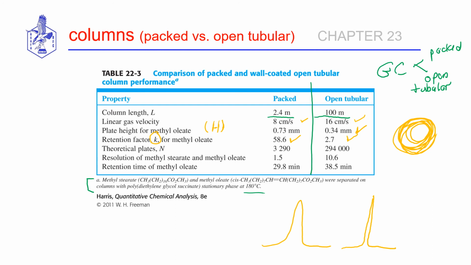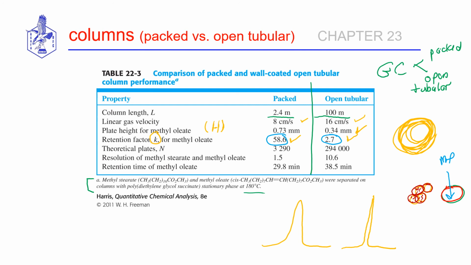Once again, if you have packed particles and they're porous, and we have stationary phase on the surface and down in the pores, we're going to have a lot more surface area of stationary phase material versus if we have an open tubular column where the only stationary phase is whatever we can get on the inner surface as that mobile phase flows through that open channel. So we have a much greater retention factor. Capacity factor is the same thing on a packed column versus an open tubular.